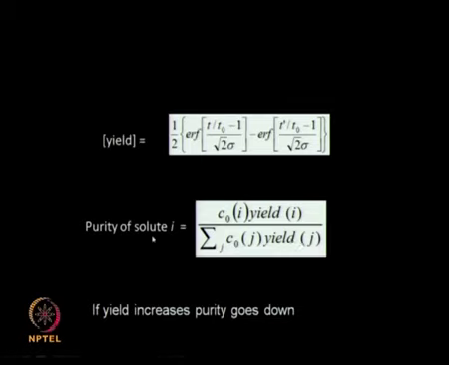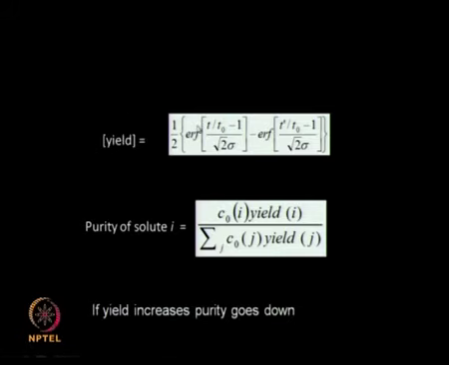So the purity of the solute in any collection pot will be how much of concentration and yield of component 1 and component 2 are present. So if there are n components, obviously in the denominator we are going to have a summation of all these components. So if yield increases, purity will go down. As I said, if yield decreases, purity will go up. So if you want a very pure material, your yield is going to be sacrificed.